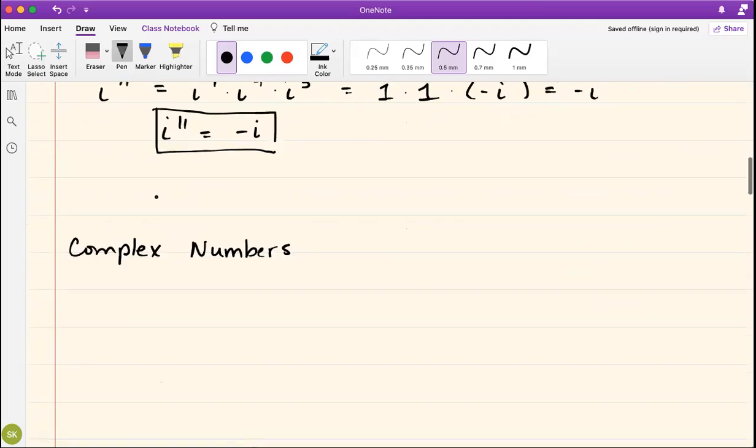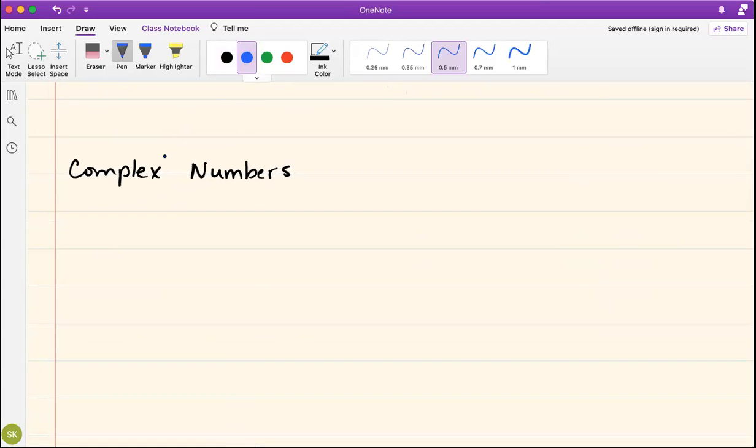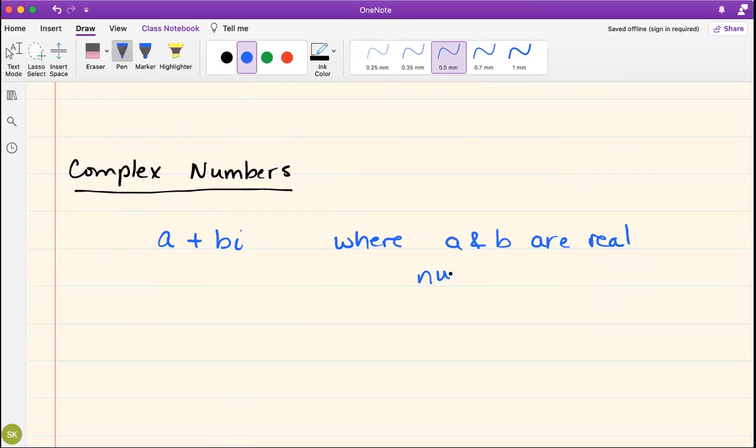Okay, let's talk about complex numbers. Now, complex numbers take this form: a plus bi, where a and b are real numbers. Now, what are real numbers?